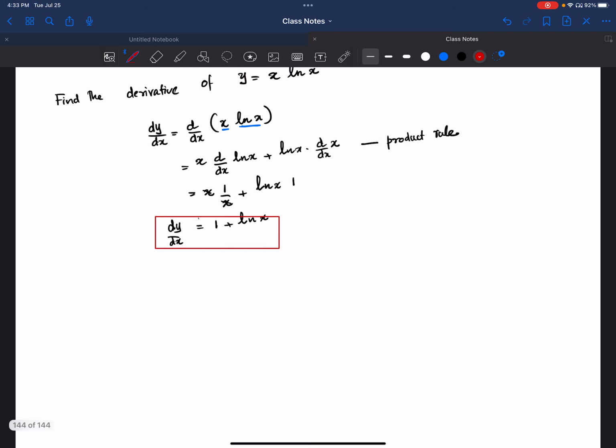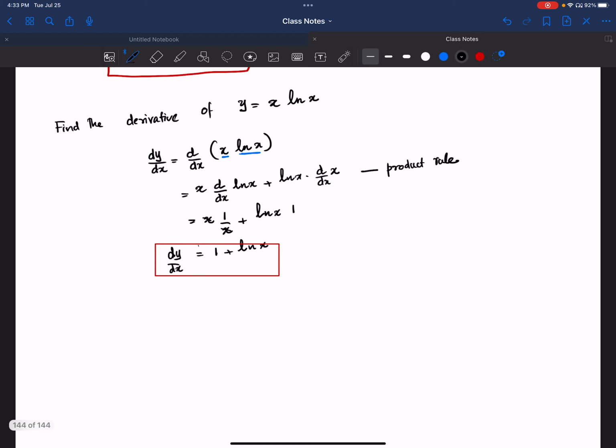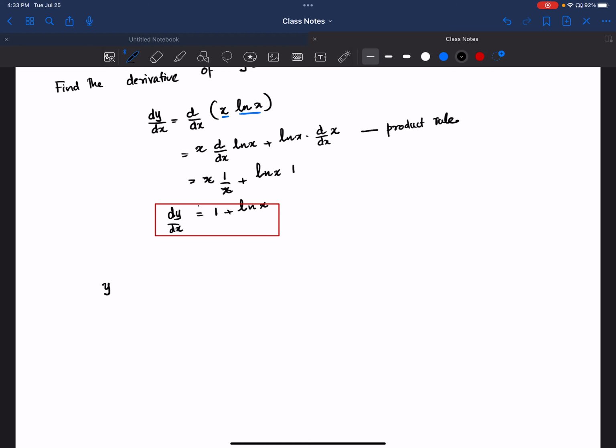And the second problem, we have y equals natural log of x squared. Now we can either use the power rule that we learned in the chain rule lesson.